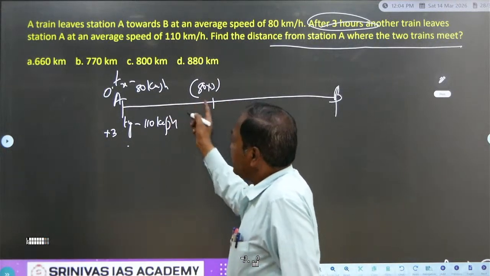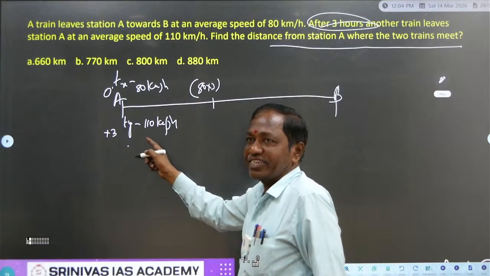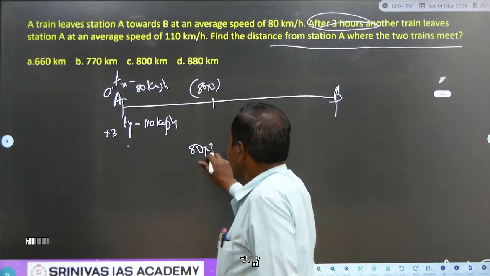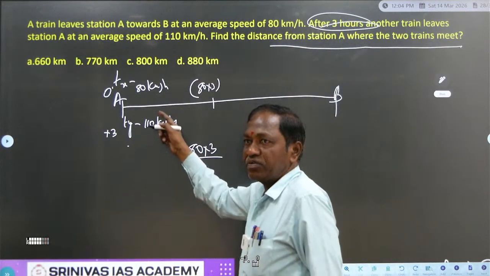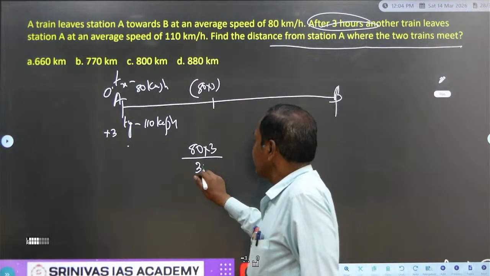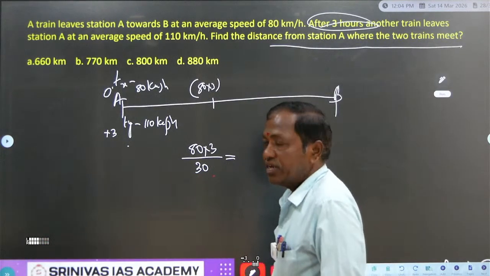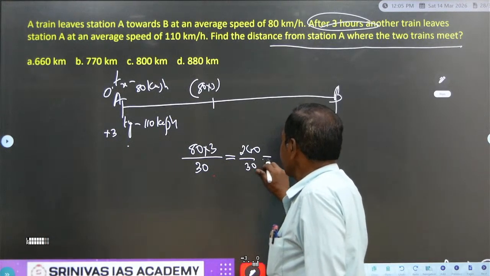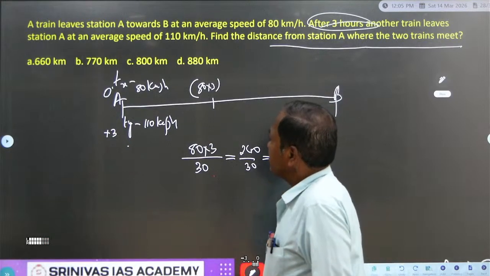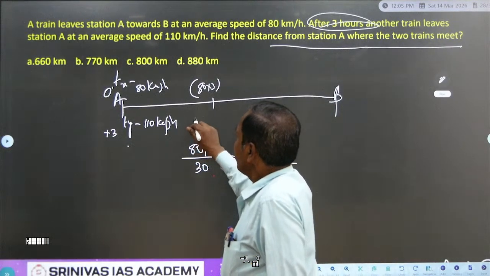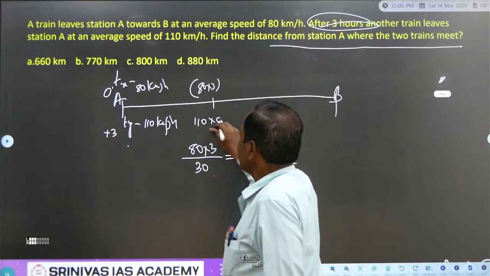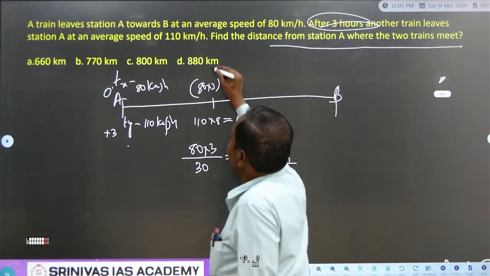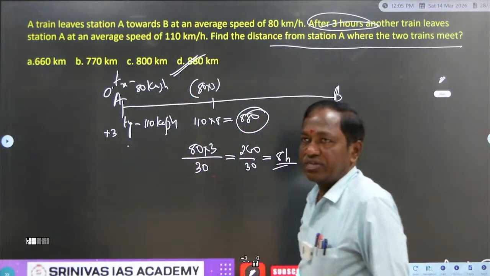This difference of distance has to be covered by the second train. What is the excess speed? 30. So 240 by 30 means 8 hours. It means this train goes 110 into 8 hours, which is 880. At 880 kilometers, the trains meet.